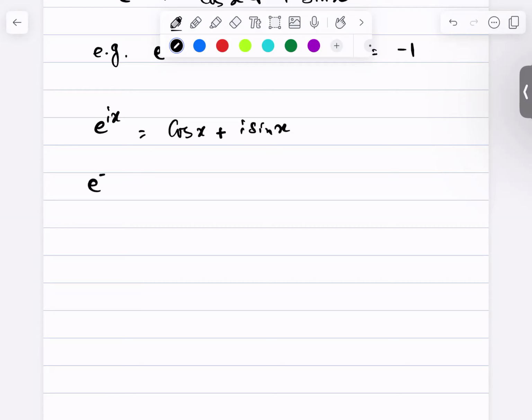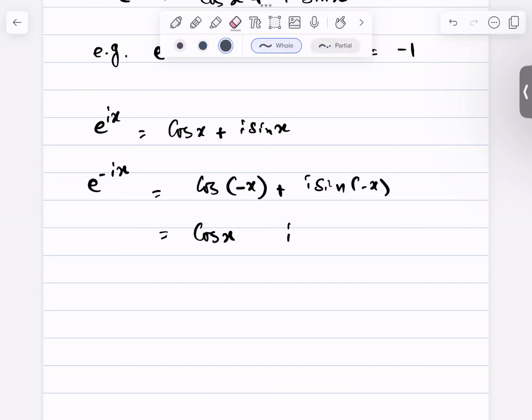If you take e to the minus ix, then you'll get cosine minus x plus i sine minus x. But we know that cosine is an even function, so this will be just cosine x. But sine is an odd function, so the minus inside will be carried out. And then I'll have this.